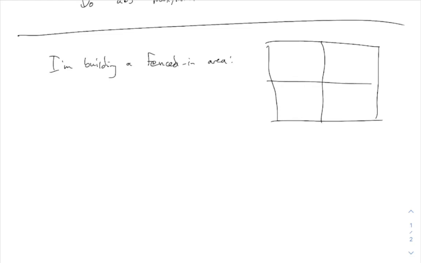It's not supposed to be a square. It's just a big rectangular fenced-in area, which is divided into 4 equal parts. Those fences going through the middle go directly through exactly halfway down the middle.